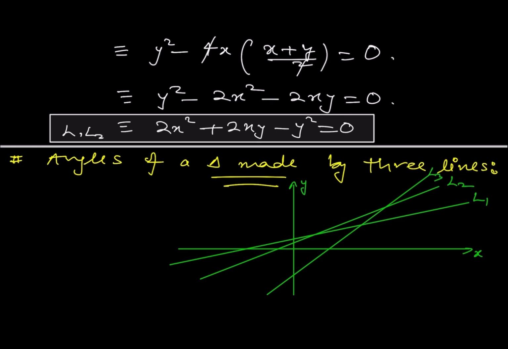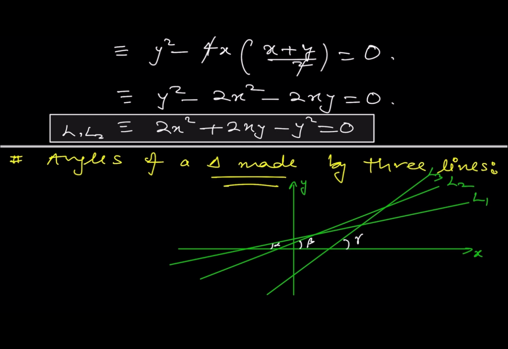Okay, this is alpha, which line L1 is making with x-axis, and angle beta, which line L2 is making with x-axis, and L3 line is making angle gamma with x-axis.